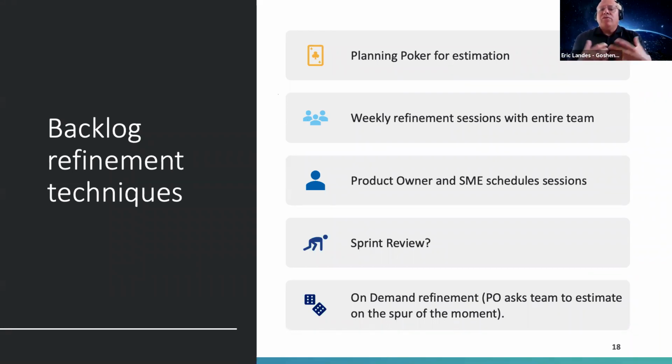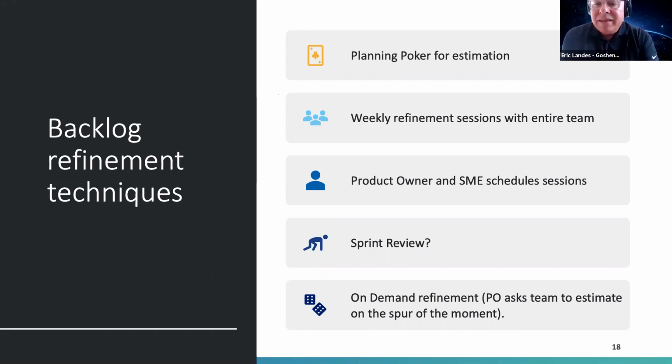At some point, what I found with planning poker, if you've used it, is that it's really good at first, and then teams get a little more mature and it becomes a little easier for them to estimate. And when that happens, that's a nice thing. Your refinement sessions become a little easier.